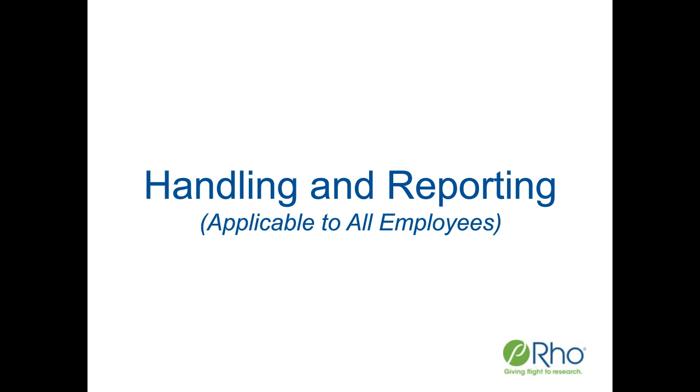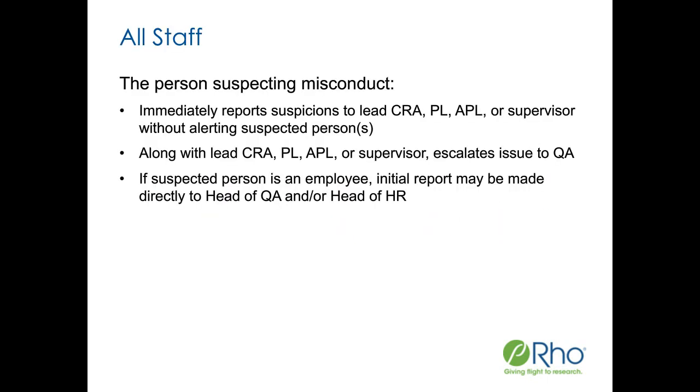This is applicable to all staff, not just those who are present at the site. So an adequate procedure would have the person who suspects misconduct immediately report those suspicions to their supervisor, to their lead CRA, but without alerting suspicion of the suspected person.